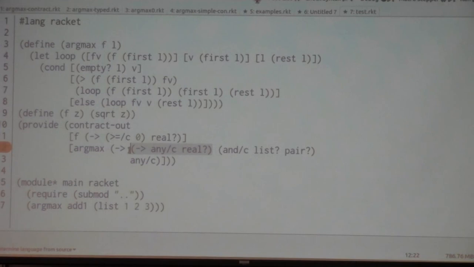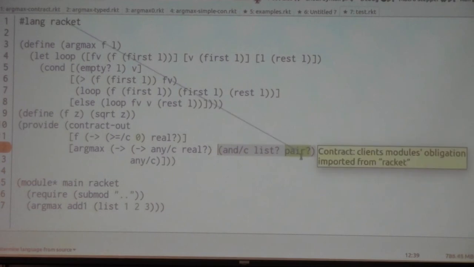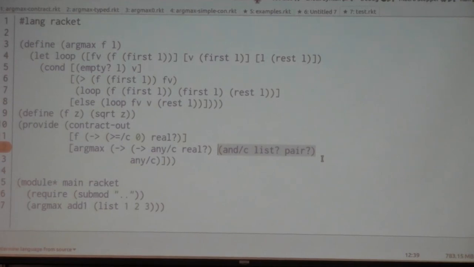Yeah? How does this contract state that the list is not empty? So if a list is a pair, then it's by definition not nil, and therefore it's not an empty list. Okay, but then why not just say it must be a pair?